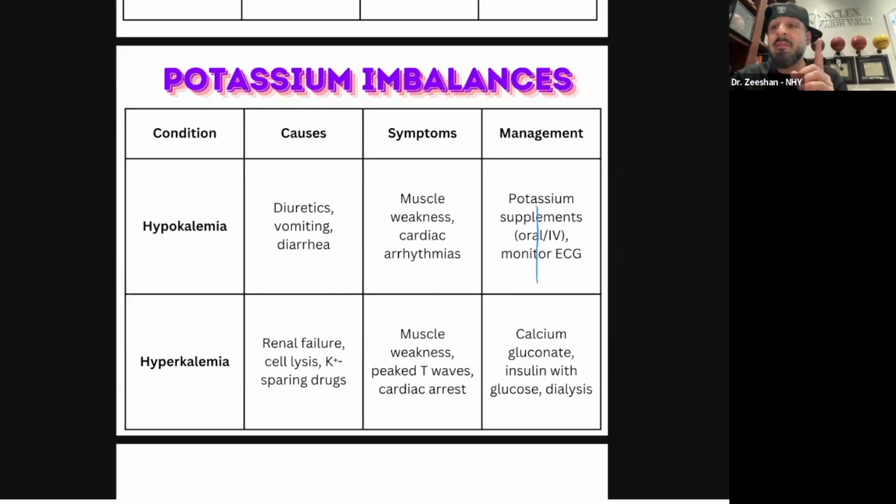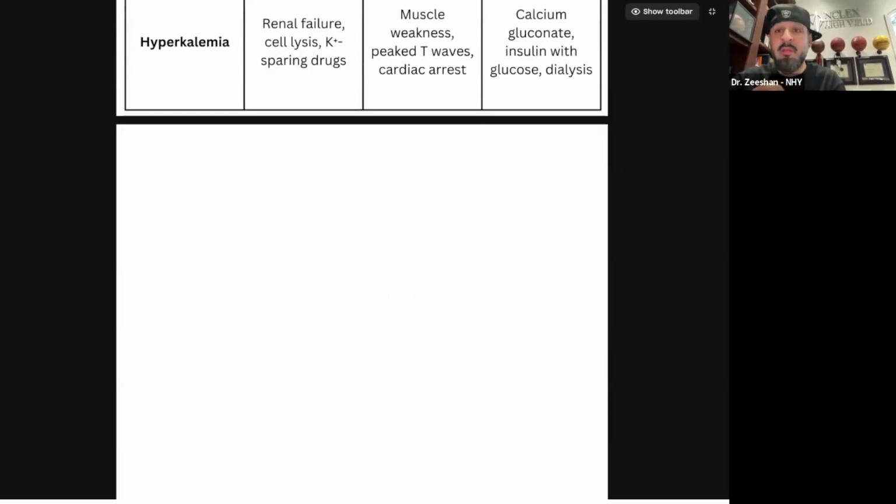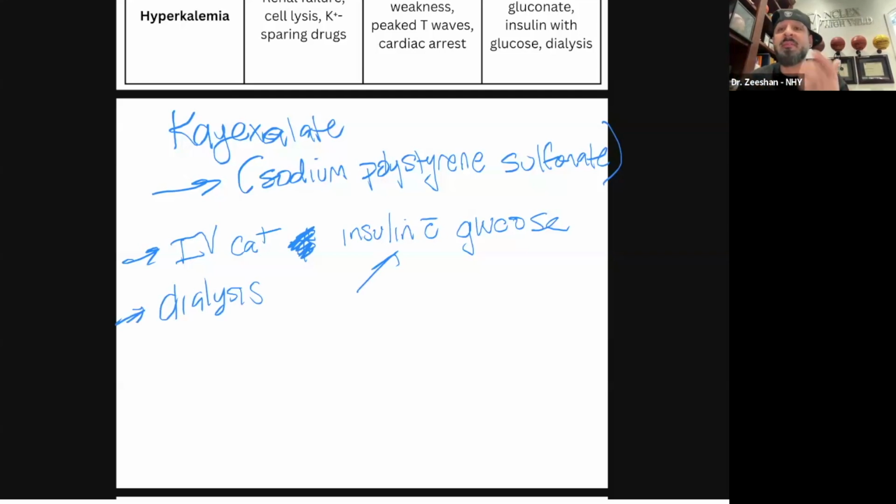But the next one I wanted to talk about, because you will potentially see this on the boards. On the boards, you may see sodium polystyrene sulfonate, which is Kayexalate, but again, we're going to go generic. You may see an option as IV calcium, or insulin with glucose, or dialysis.